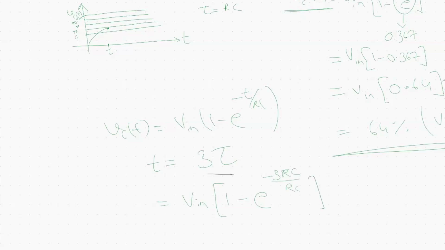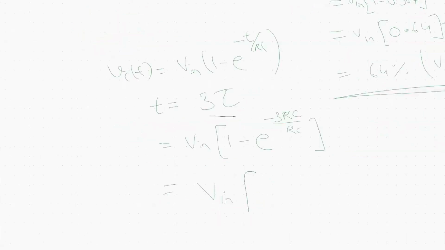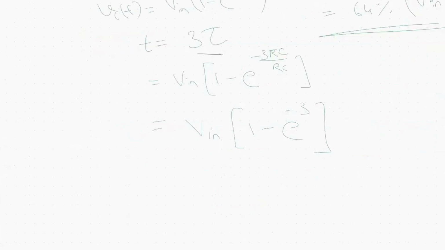What is e to the power minus 3? 0.0498. Yes, it's going to be 0.049.